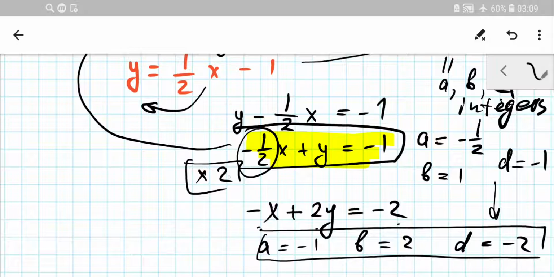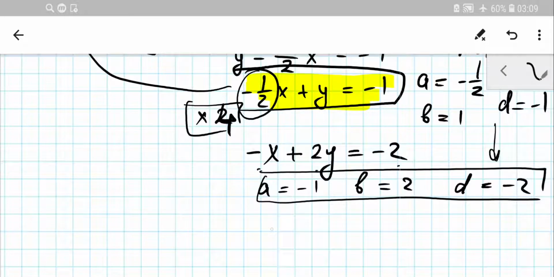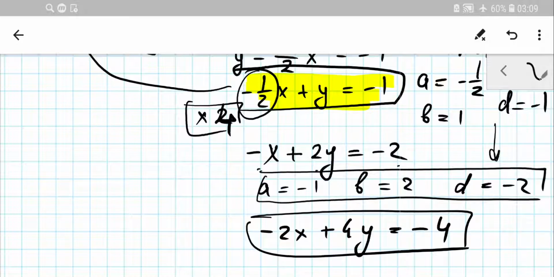For example, you can multiply by 4 instead of 2, and you'll get negative 2x plus 4y equals negative 4. That's also an equation in general form for the straight line. The line is still the same. You just increase the value of each coefficient.